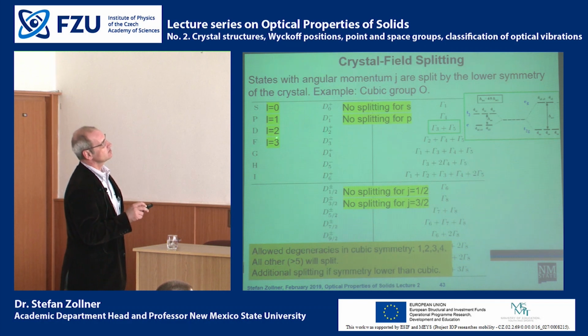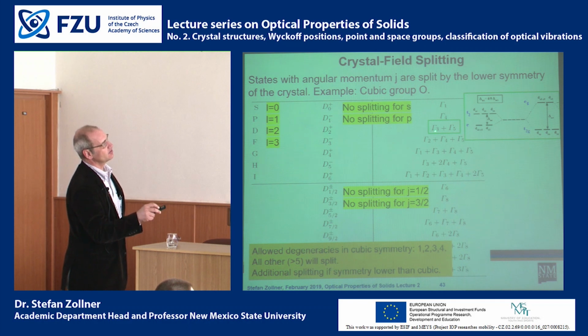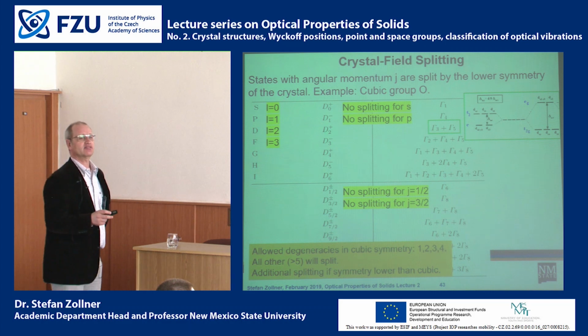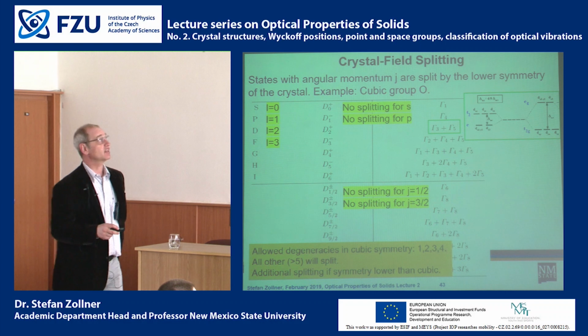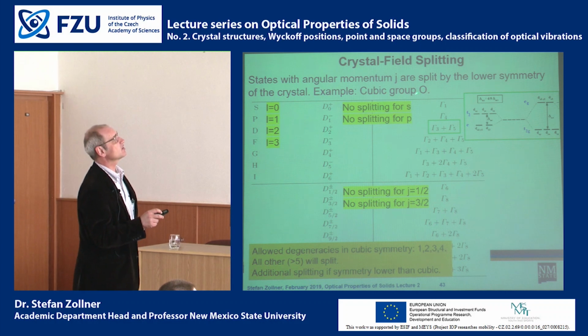But in a crystal, let's say with cubic symmetry, these wave functions, because there's 5 of them, they need to split because there are no 5-dimensional irreducible representations belonging to the crystal.